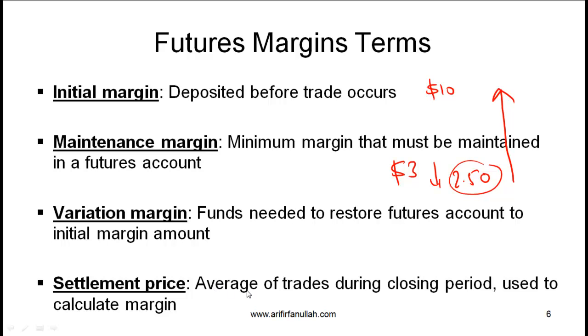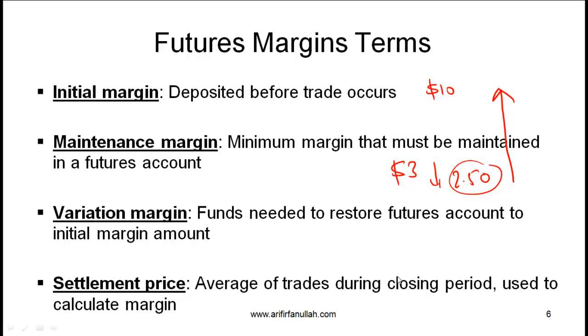Settlement price is the average of trades during the closing period, and obviously we need to know the settlement price in order to calculate margin, as you will see on the next slide. Unlike the stock market where we normally see the closing price quoted in the newspapers, in the context of the futures market, the settlement price is quoted based on the average of the last few trades in the closing period.